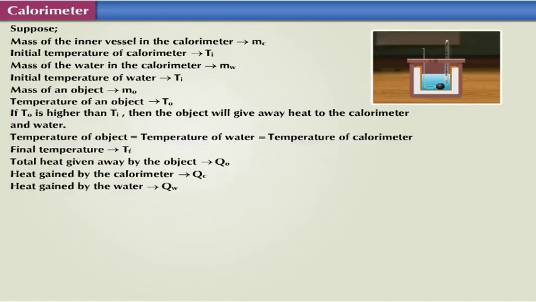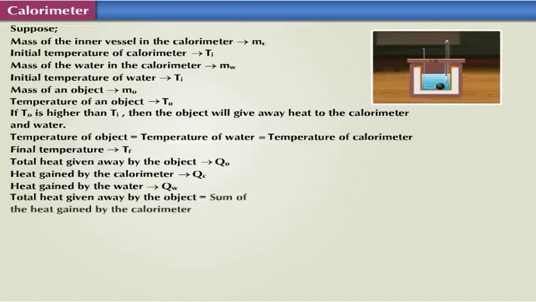Then, the total heat given away by the object, which is Qo, will be equal to the sum of the heat gained by the calorimeter Qc and by water Qw. That is, Qo is equal to Qc plus Qw.